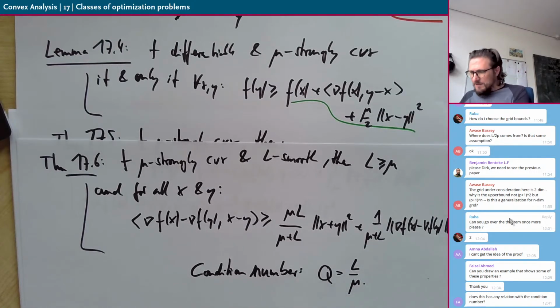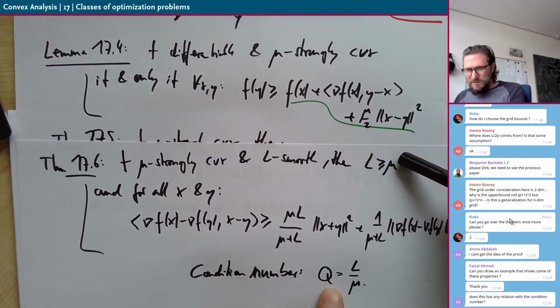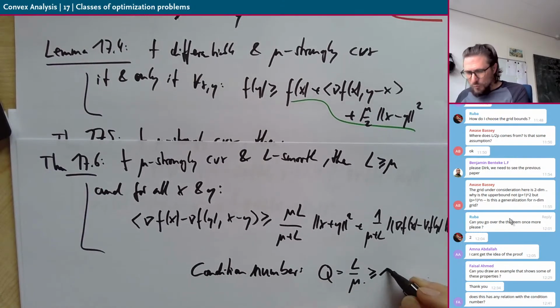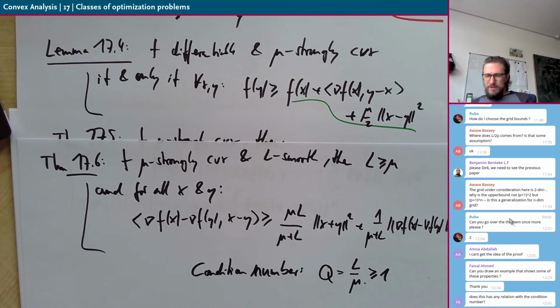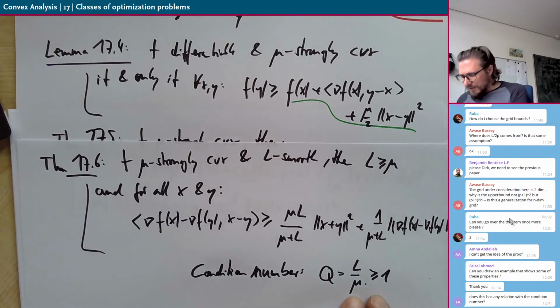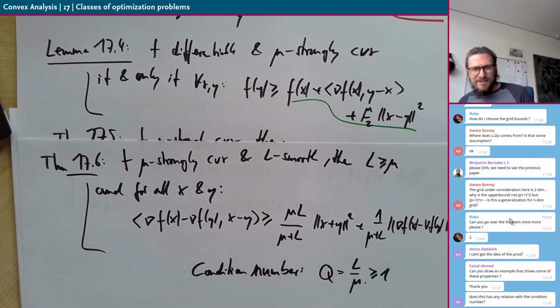And you see, because L is larger than mu, this is always larger or equal to 1. The smaller it is, the closer it is to 1, the more the function looks like a nice quadratic function. And you probably know that minimizing quadratics is the simplest case. For this you have methods like the conjugate gradient method or direct solves or whatever. But the larger the condition number gets, the harder the problem is to solve.